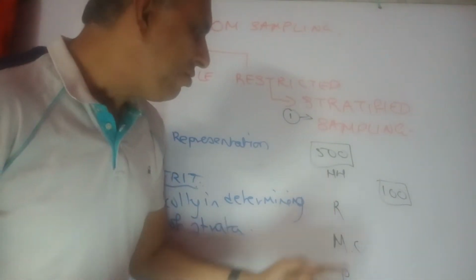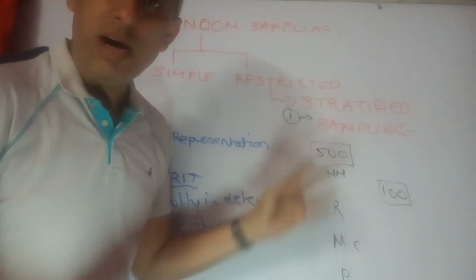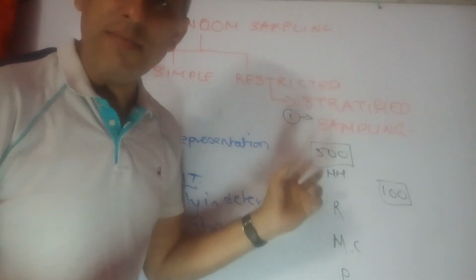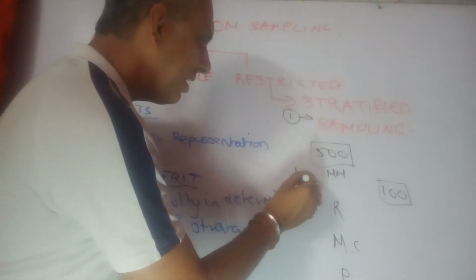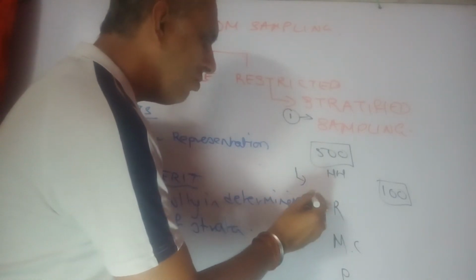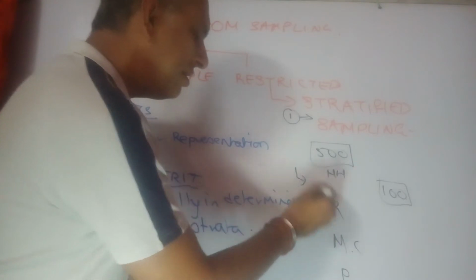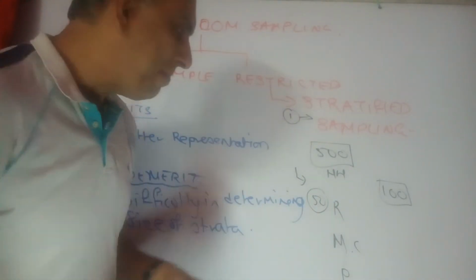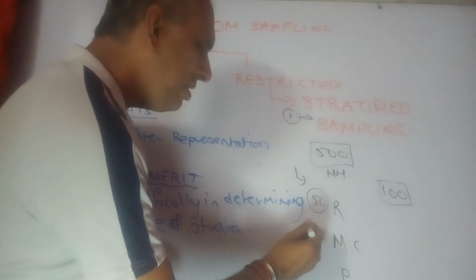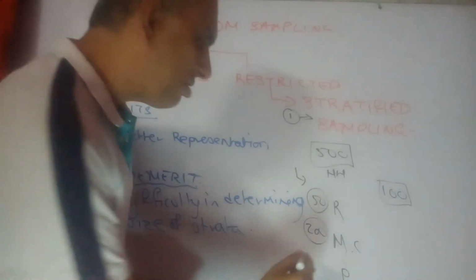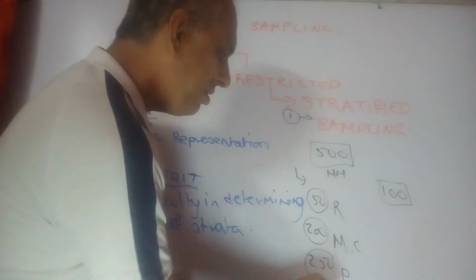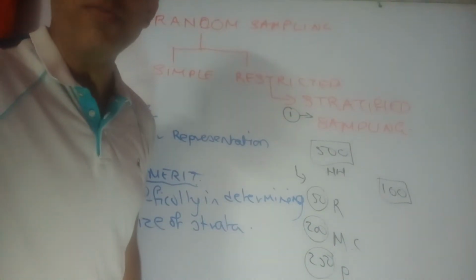Now, what I do is I try to find out, of the 500, from the income available, that in totality there are only around 50 exclusively rich people. There are around 200 exclusively middle class people, and the maximum in the city are from the poor community, 250 in number.